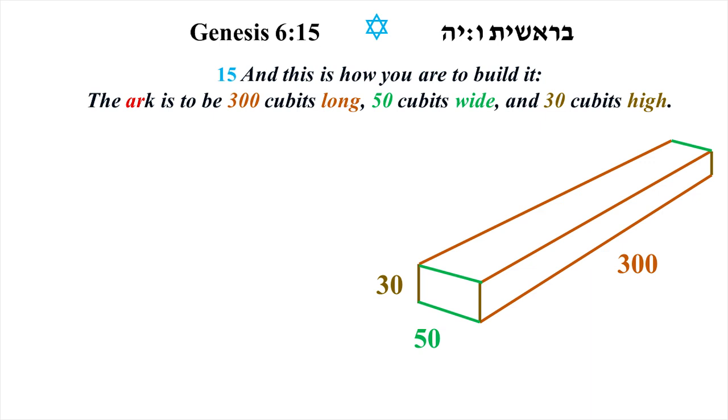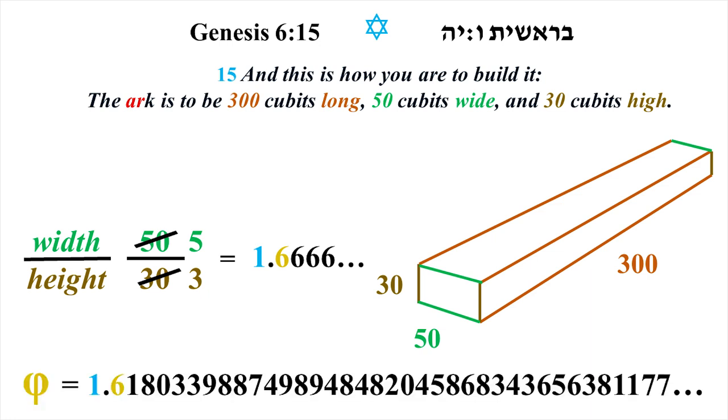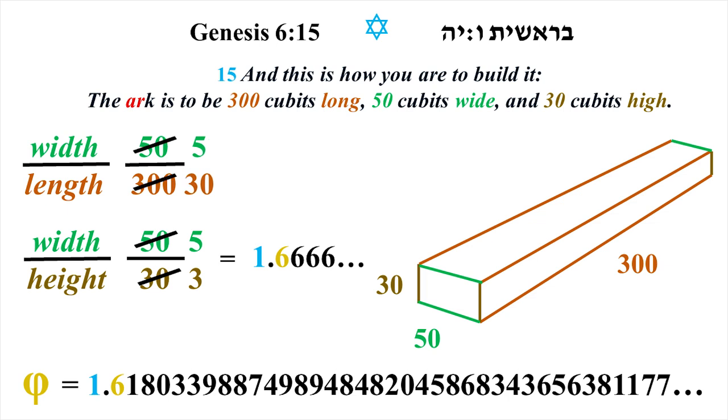If we take the width of the ark divided by the height of the ark, that's 50 over 30, which reduces to 5 over 3, both Fibonacci numbers, 1.666. If we take the width of the ark divided by the length of the ark, that's 50 over 300, which is 0.1666, which would be 1 over 6.